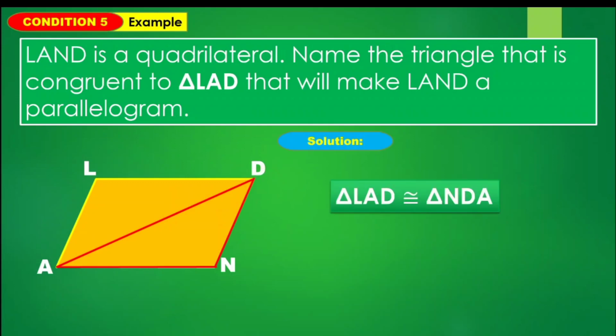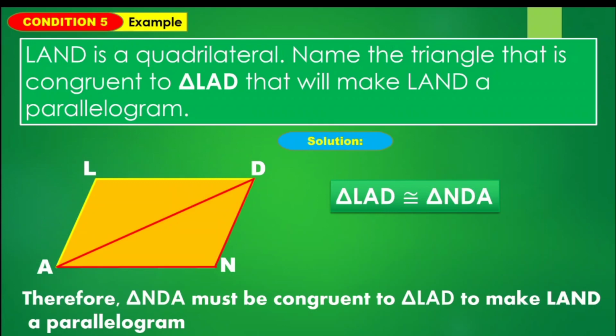For our solution, you would have triangle LAD. Since we started with LAD, we must start with NDA. So triangle NDA must be congruent to triangle LAD to make LAN a parallelogram.